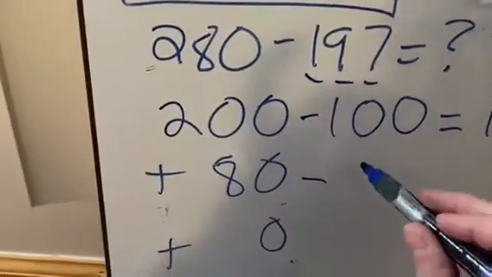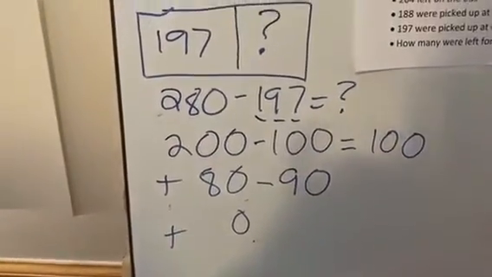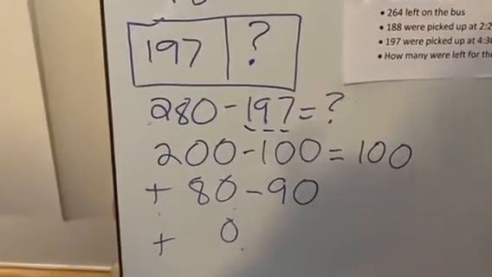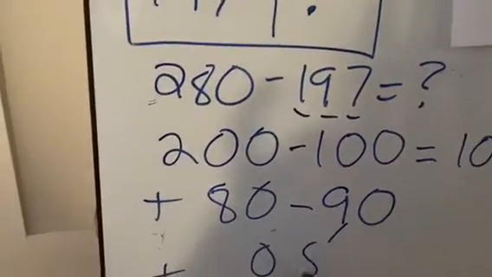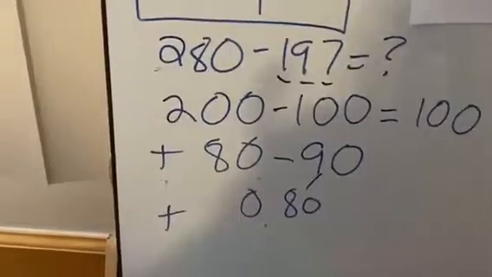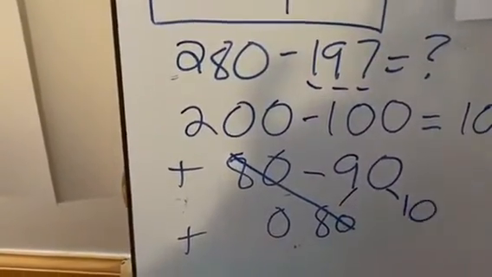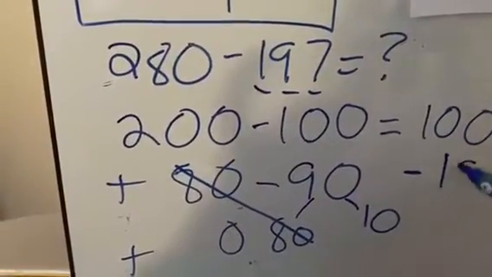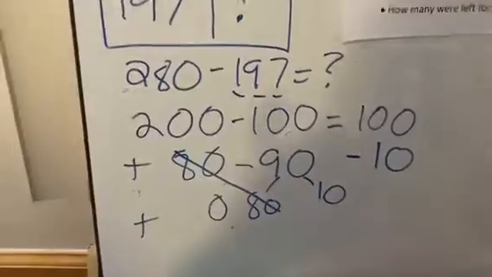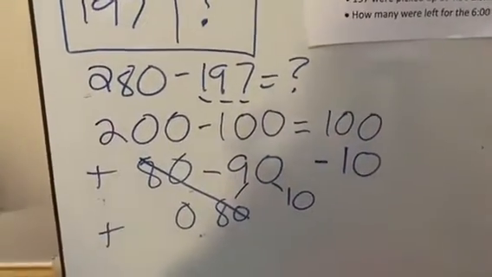Now we're subtracting away 90, and we're going to use that number bond structure just like we did before. We need to get rid of those 80 students, and then we'll have 10 that we need to get from this 100. So we're going to subtract away 10 students from this largest grouping that we have, 100.